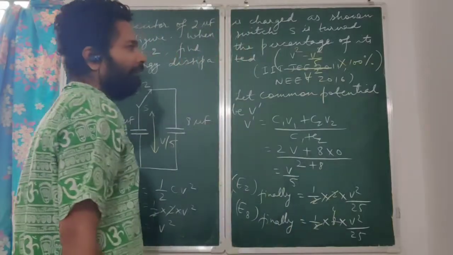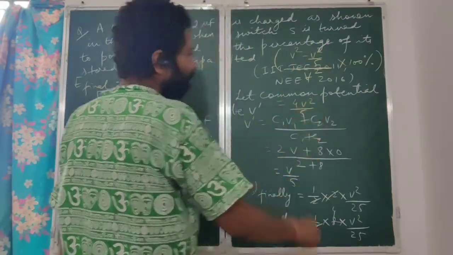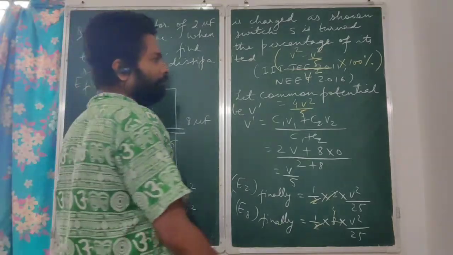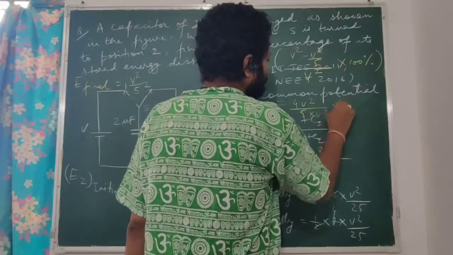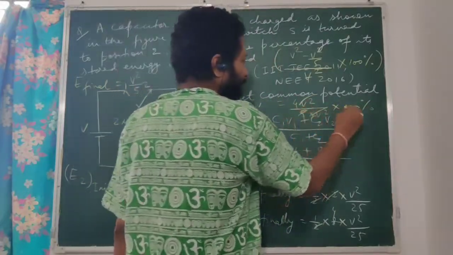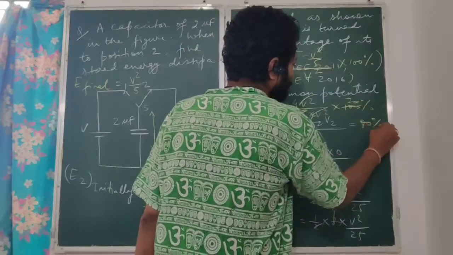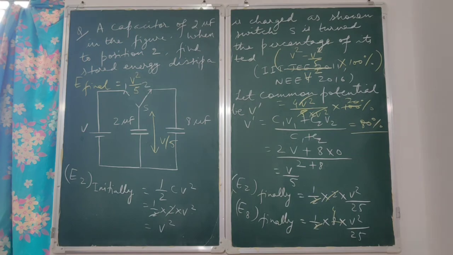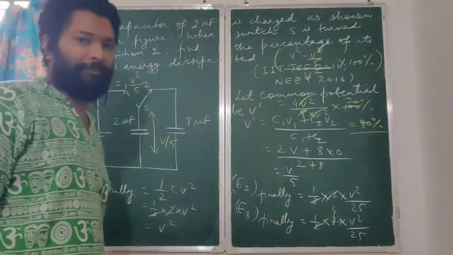This will give us the answer. So it will be 4V square by 5 divided by V square into 100%. V square and V square will get cancelled, 4 by 5 into 100 is 80%. So the answer for this question is 80%. That is the percentage of stored energy which gets dissipated.